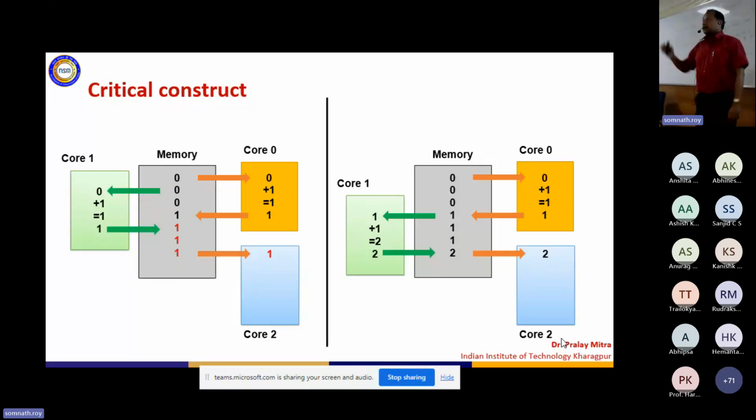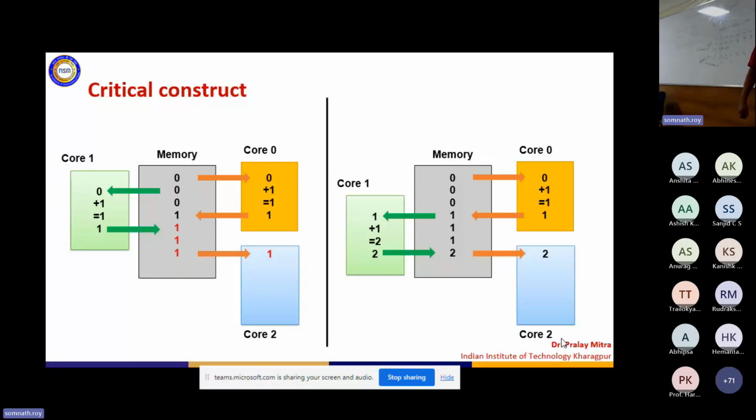But for some reason, say core 0 is the one that is slow in computation. If it is slow and it is supposed to read and increment, by that time core 1 has also read and incremented. So core 0 will write, and after that core 1 will override the same one, and it reads after the reading of core 0.